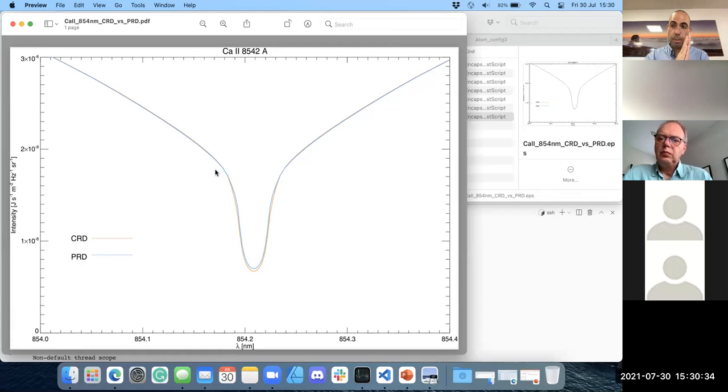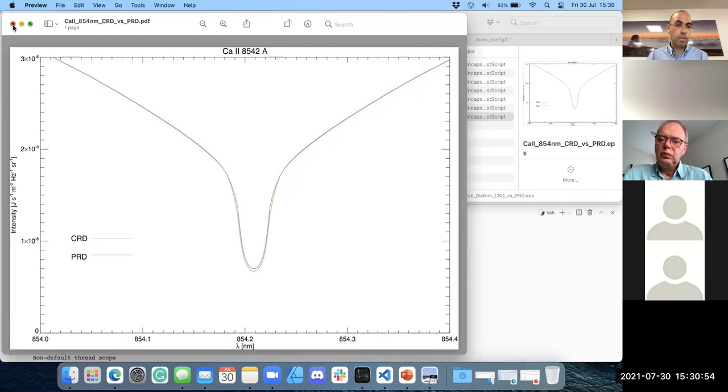And now we overplot them, and you can see that there's a slight difference between the blue and the orange one, okay? So you can see that it's a bit higher in the core, but we also see some difference here. But in general, we can say that it's relatively small.